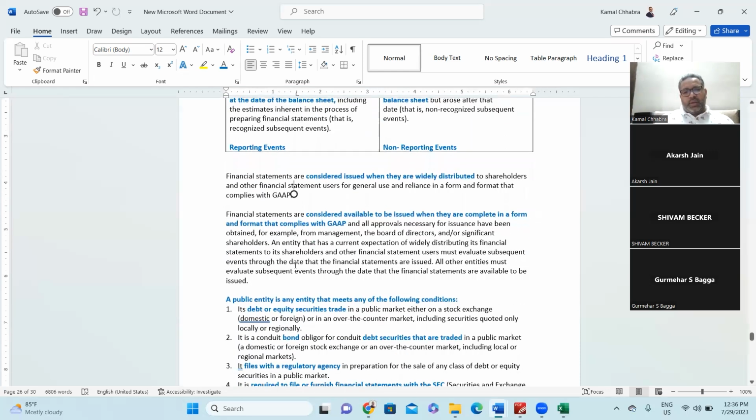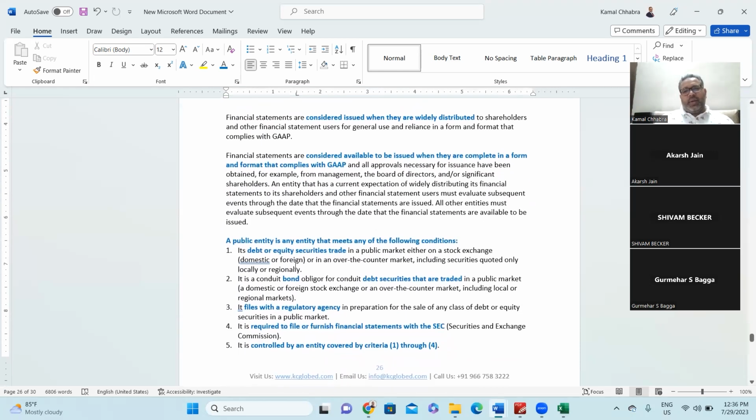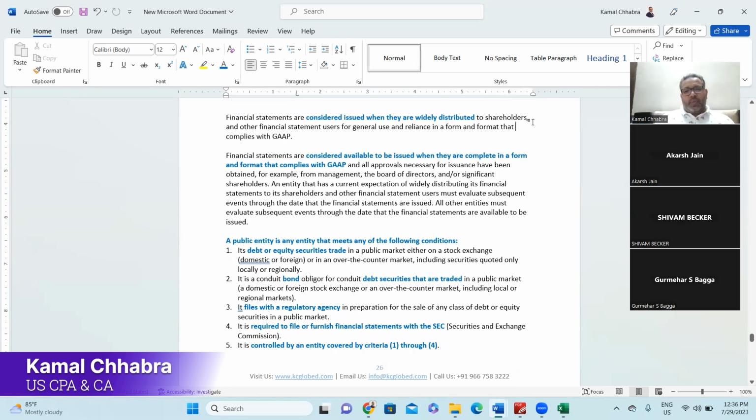Financial statements are considered issued when they are widely distributed to shareholders or other financial statement users for general use and reliance, in the format of compliance with US GAAP, like your 10-Ks, 10-Qs, right? Financial statements are considered available to be issued when they are complete in the format that complies with GAAP, and all the approvals necessary for issuance have been obtained.